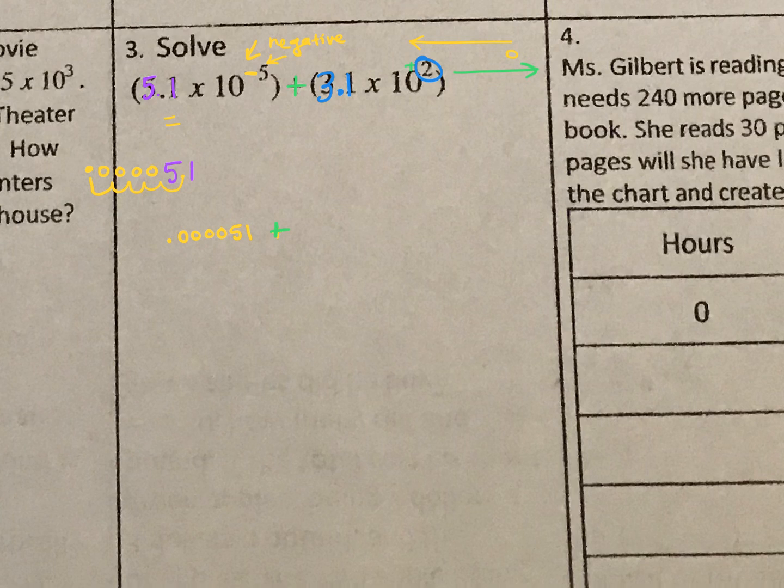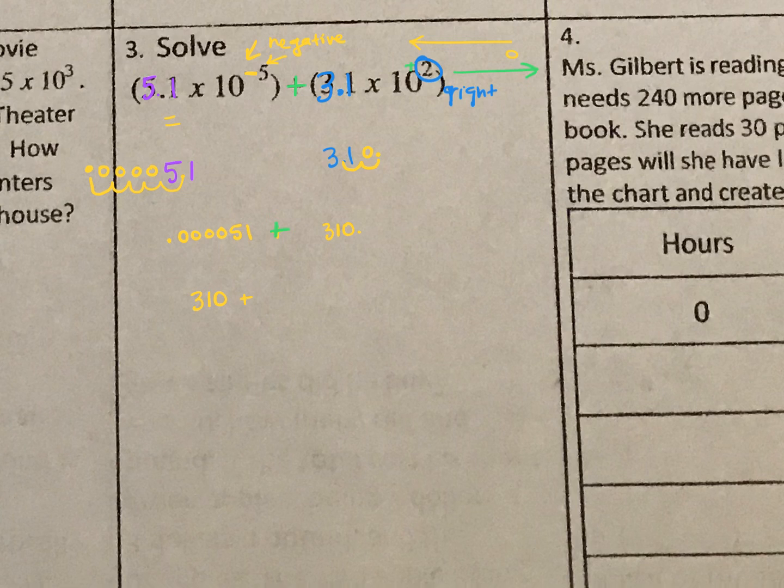And that means that it's positive going to the right. So take your number, 3.1, and you're going to go to the right. 1, 2, that's it, just 2. Drop your decimal. Put in your placeholder. So now what number is that? 310.